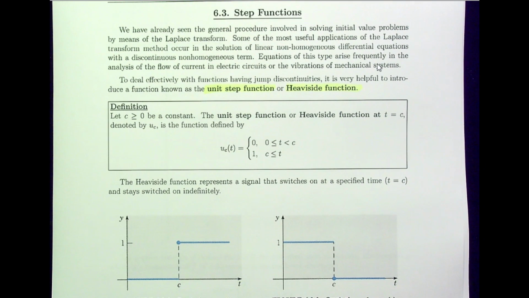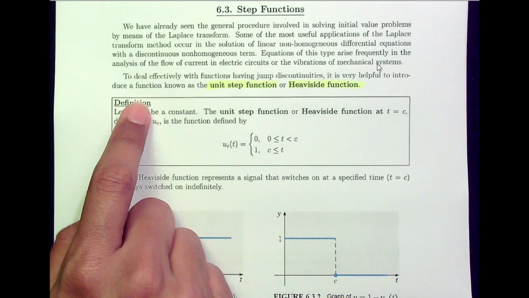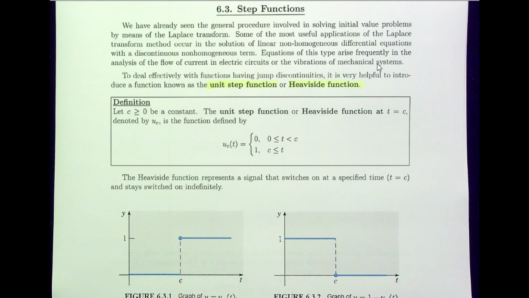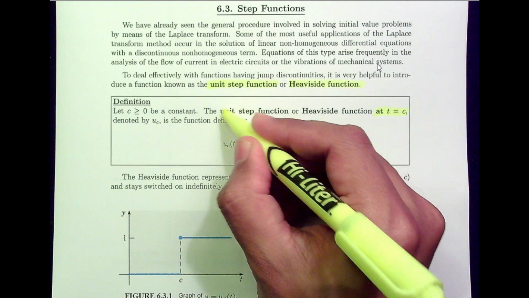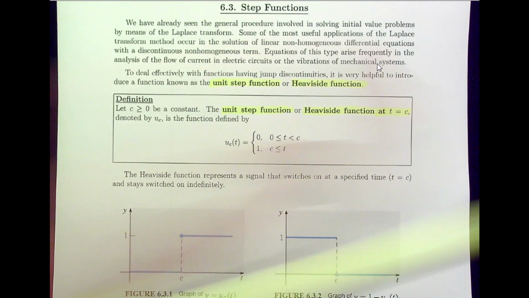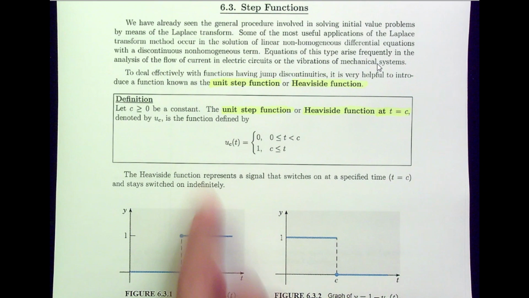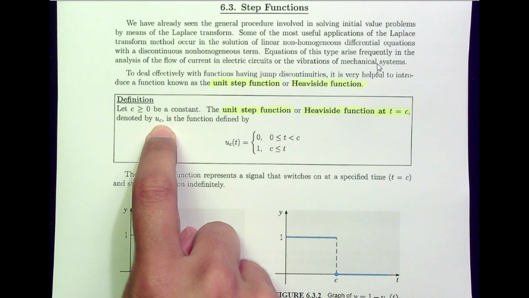Okay, so here's the Heaviside function. Suppose that you have a constant that is bigger than or equal to 0. So the constant has to be 0 or bigger. Then the corresponding unit step function or Heaviside function at t equals c, we use the notation u_c, so u for unit step function, and the c becomes a subscript.